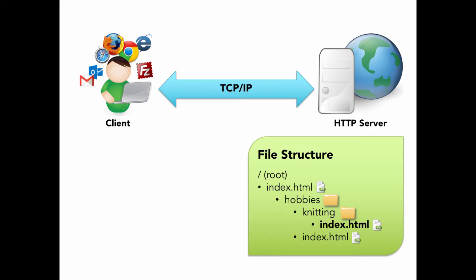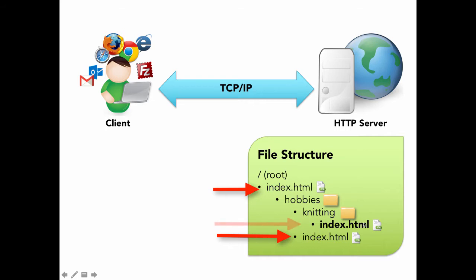Now that we understand the absolute path and how we get there, we can also shorten that URL if we understand something called default files. To make this clear, the best way is to show you an example. If we look at our page, we will see that there is an index.html in our root. We also have an index.html within hobbies.